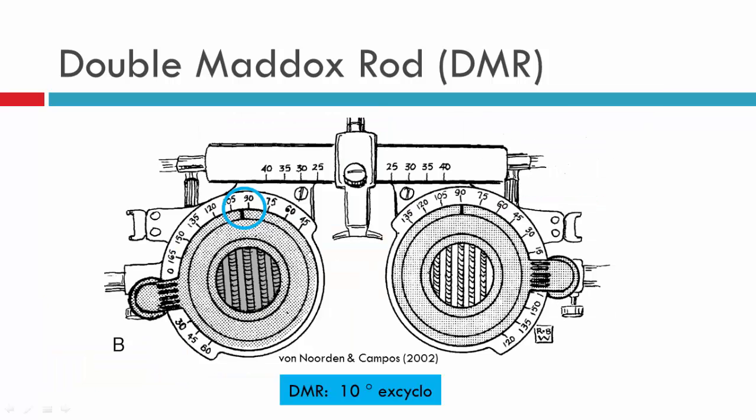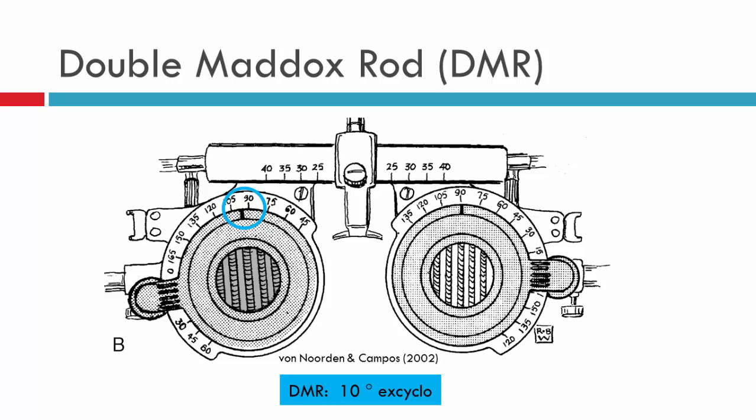Okay, so in terms of recording, here we have a recording of a double Maddox rod. Often it'll be denoted as DMR, and you'll indicate the degrees. Torsion is always in degrees, either with the Synoptophore, the double Maddox rod, or what we'll see in a moment, the Torsionometer. We always record in degrees. And you need to indicate, is the eye excyclo-rotated or incyclo-rotated?